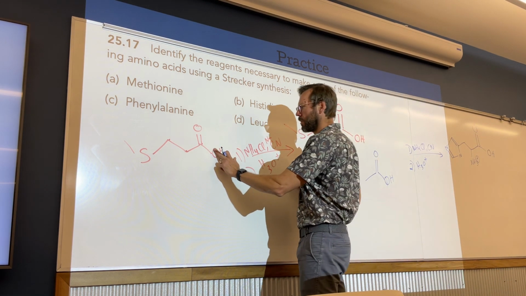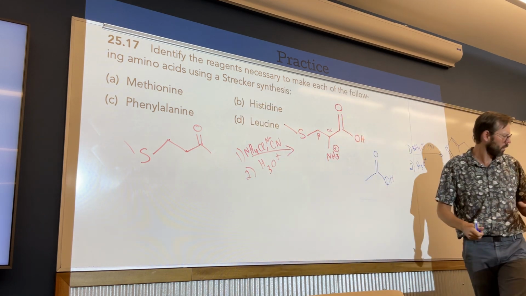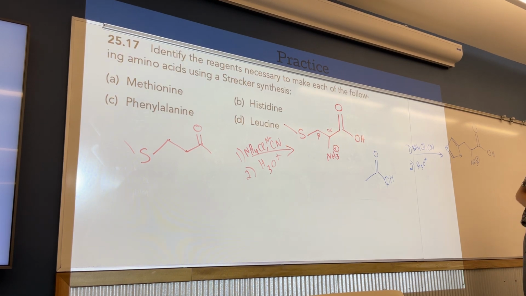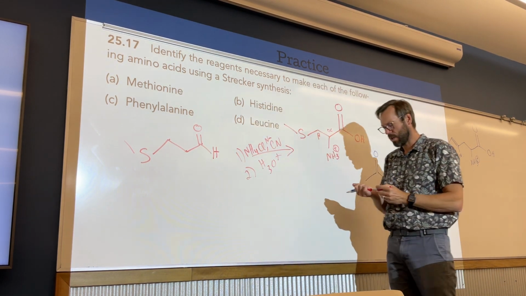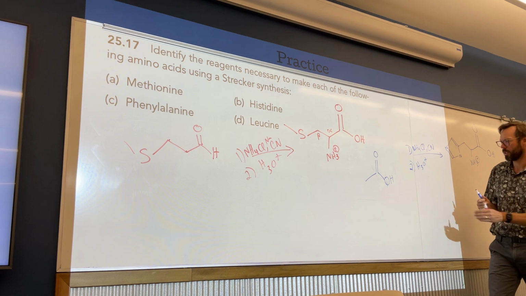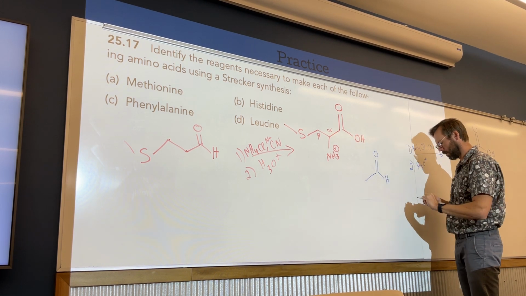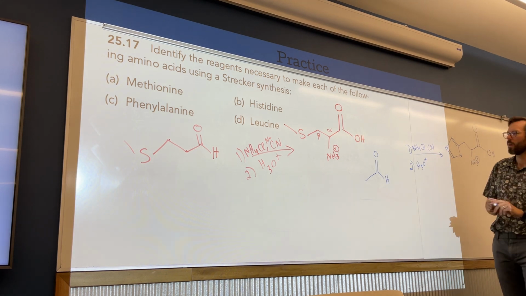We have to use an aldehyde, so not a carboxylic acid. That was me getting lost in translation. We're just going to use an aldehyde here. Thanks for catching that, Bob. Yeah, I just wanted to clarify.